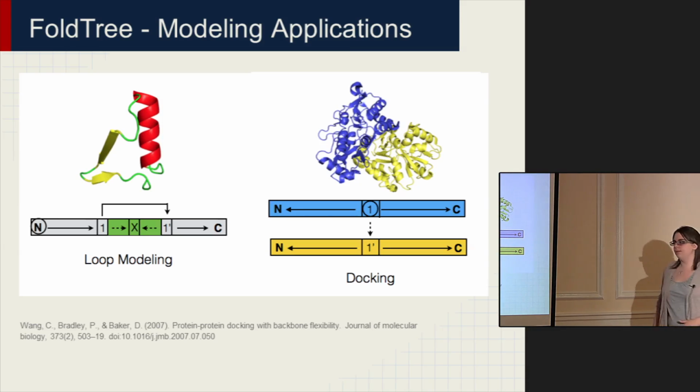Earlier I talked about ab initio and some of the basic refolding applications, but the fold tree is really powerful, and at least I've noticed it's becoming more and more powerful in trying to fold different types of structures in Rosetta. This is an adapted figure from Phil Bradley's paper, which describes how different fold tree topologies can help you do different types of folding.